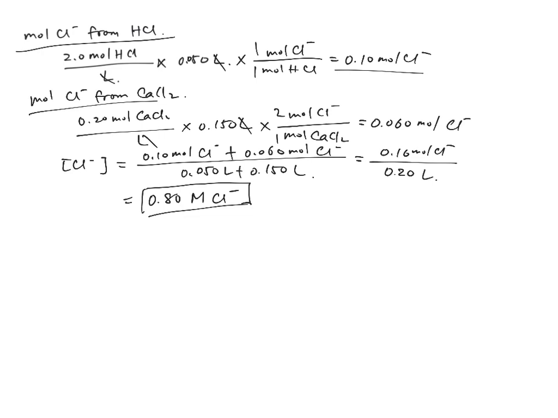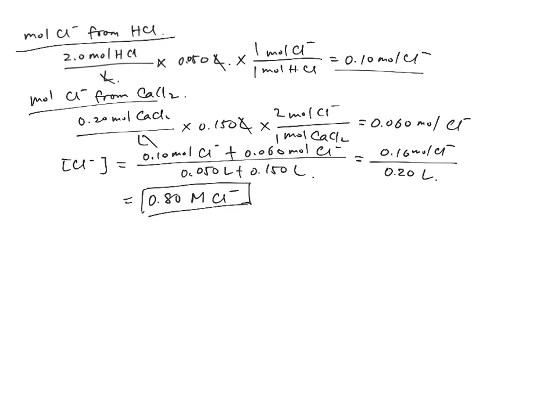So now if you can understand the process we handled this problem with, you would be able to deal with not just 2 solutions with a common ion mixture. If you have 3 solutions with common ion, 4 solutions, 25 solutions with common ion, all added together, the process of solving this doesn't change a bit.